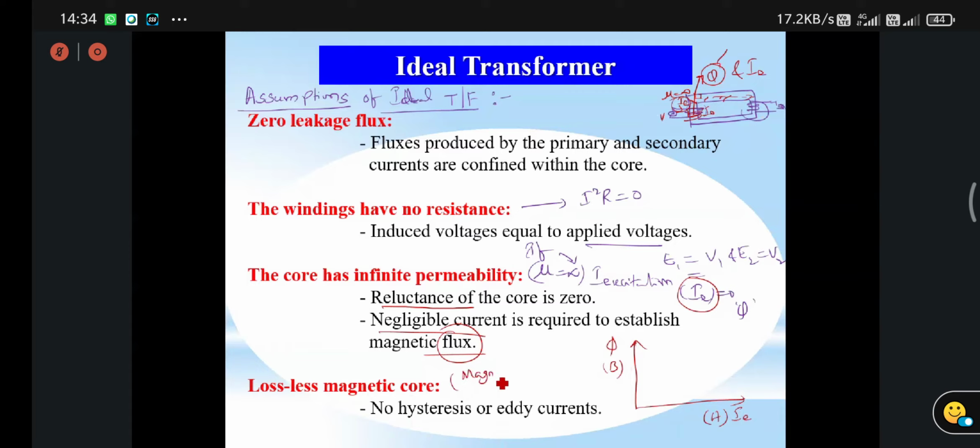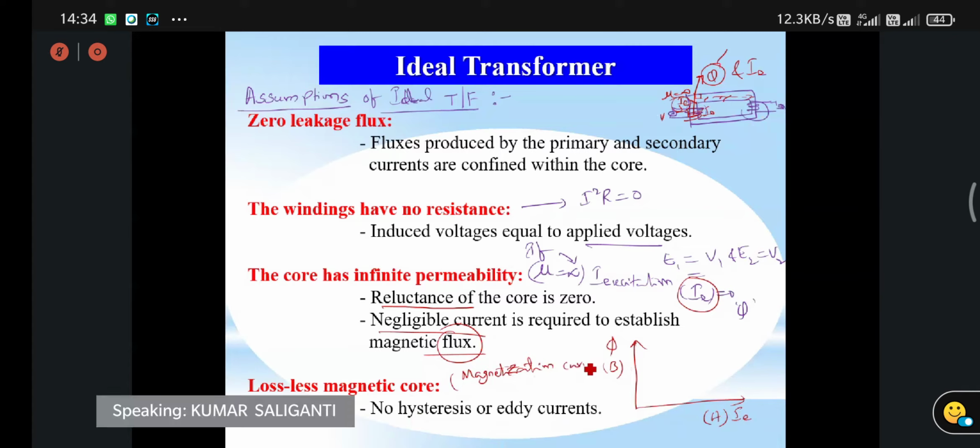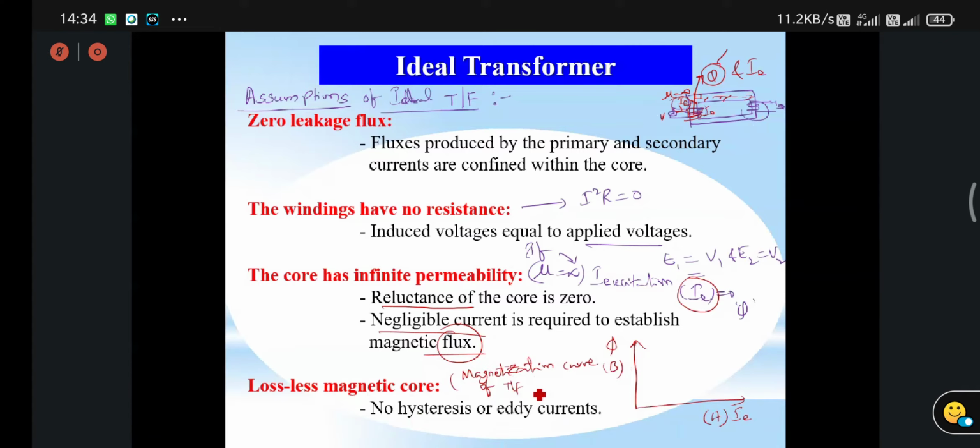The magnetization curve of the transformer core is linear.